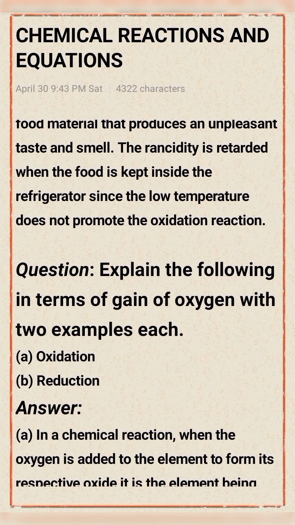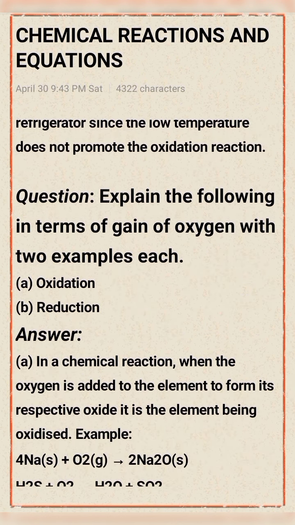Next question, explain the following in terms of gain of oxygen with two examples: A. Oxidation. B. Reduction. In a chemical reaction, when oxygen is added to the element to form its respective oxide, the element is said to be oxidized.